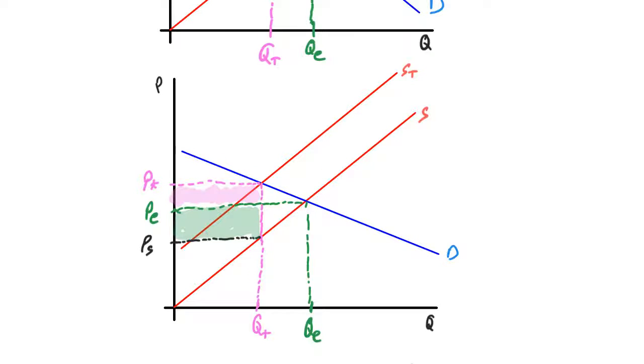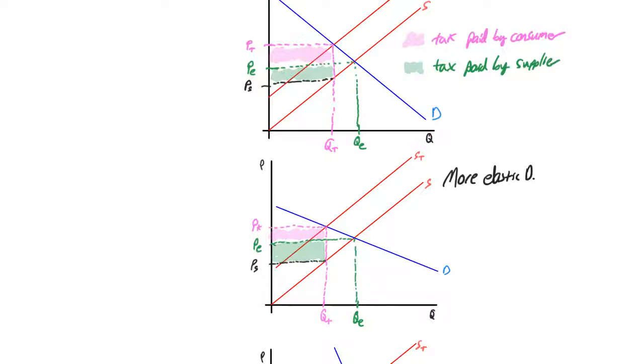And so I'm going to describe this thing as being more elastic demand. And by more elastic, I don't want to overcomplicate this, I just mean that it is more elastic than the first graph that we did, right?